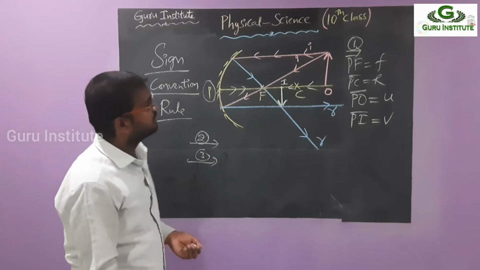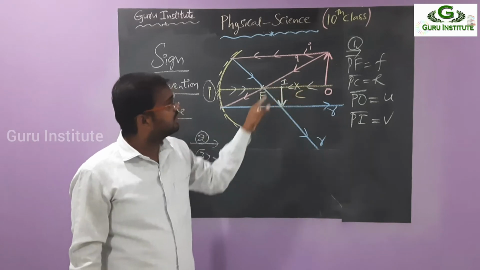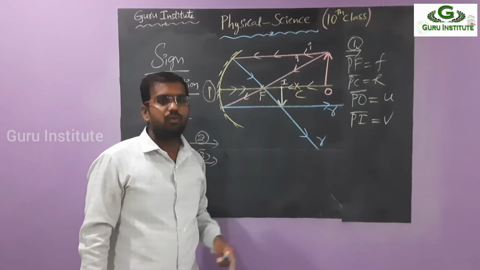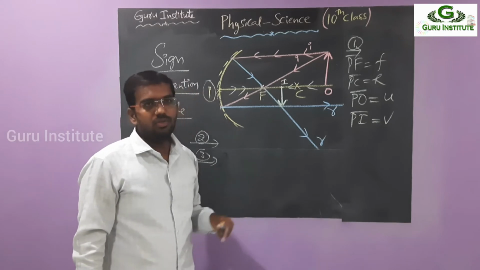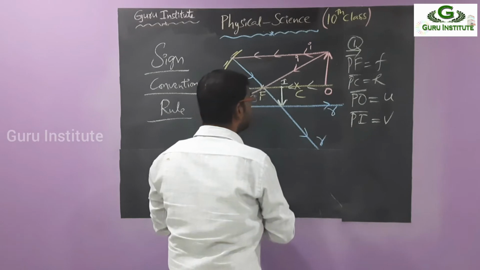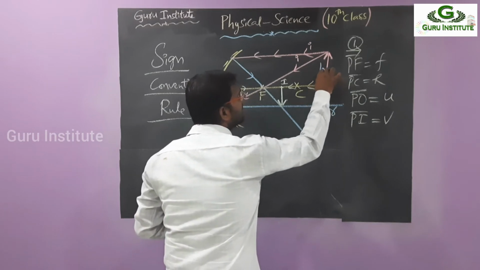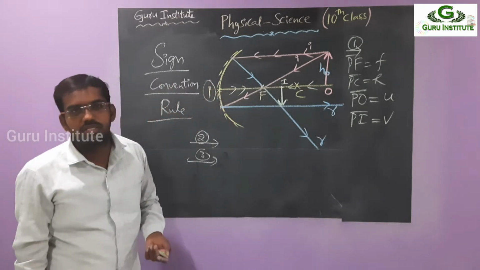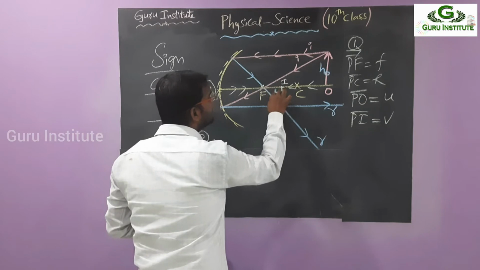And the last point is in this one. If you observe this, the object has some height, right? The image has some height. But they are of unequal nature; in some cases they are equal, in some cases unequal. The height of the object is called H naught, and the height of the image is called HI.